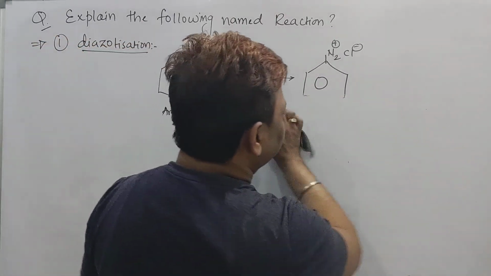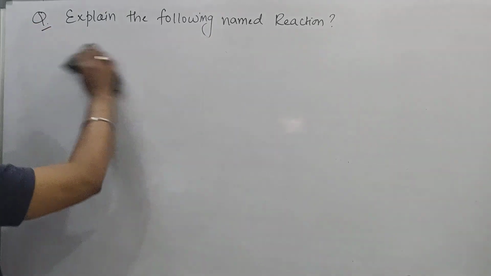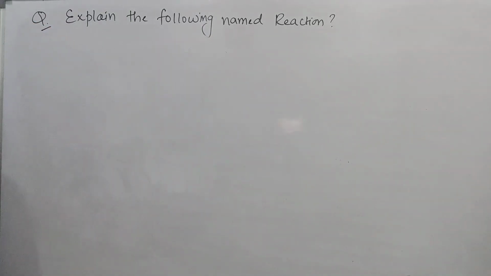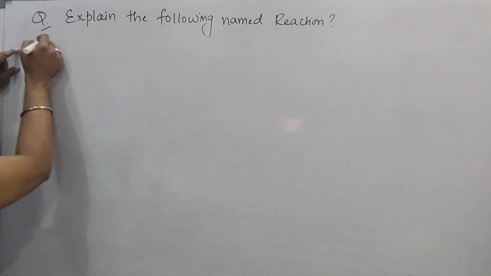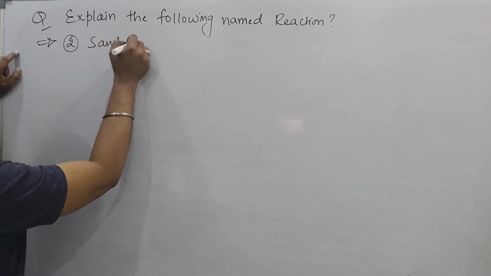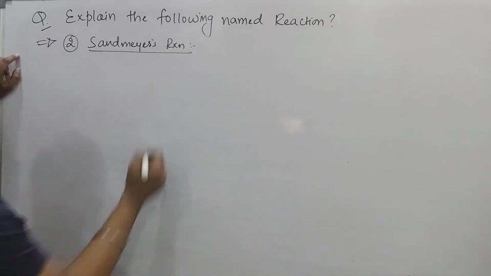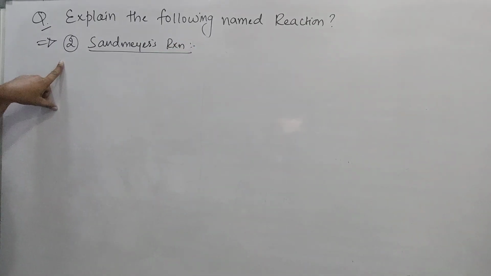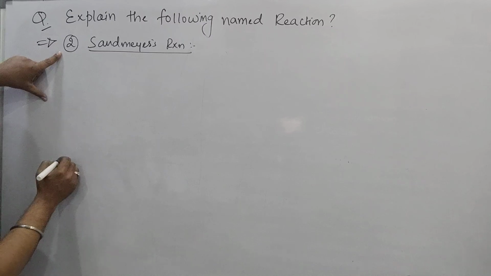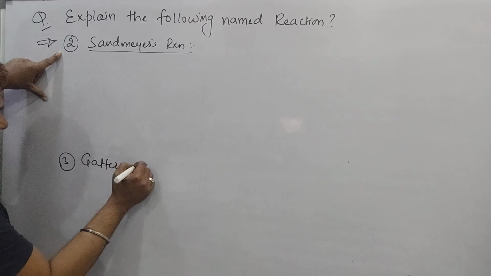One is called the Sandmeyer reaction and the other is called the Gattermann reaction. The Sandmeyer and Gattermann reactions are nearly the same; just the reagent is going to change. Let me show you. This is the Sandmeyer, and the third one I want to show here is the Gattermann reaction.